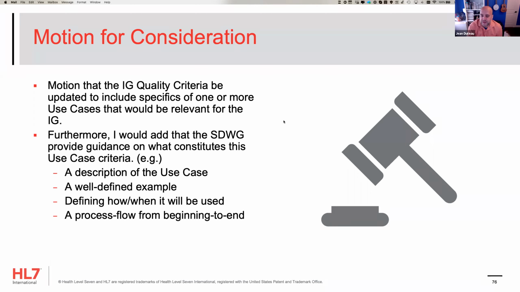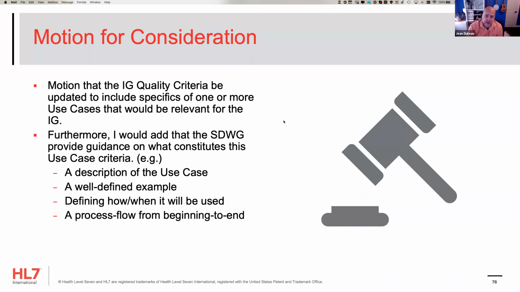In the Da Vinci guides that I've been working on, we have that whole end-to-end flow. Even though the IG may be one part of it, we've done the whole use case and said, you're sending this data, and here's the spot where this IG is in the entire process flow. And then it goes out here, and then it comes back, and here again is where the IG goes. And I'm doing that with FDA as well.